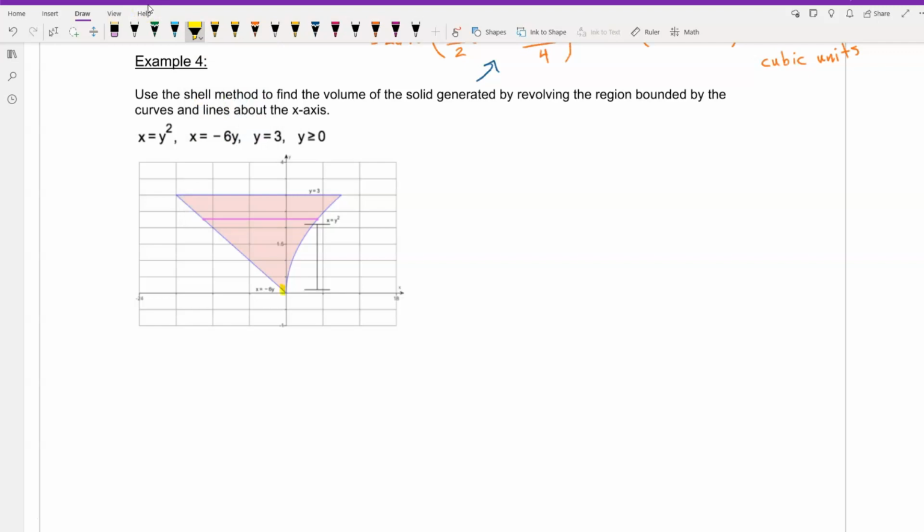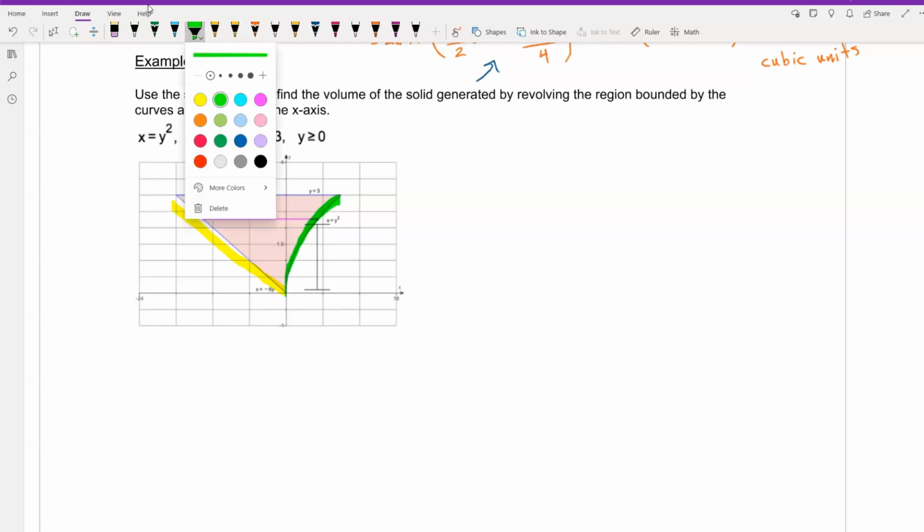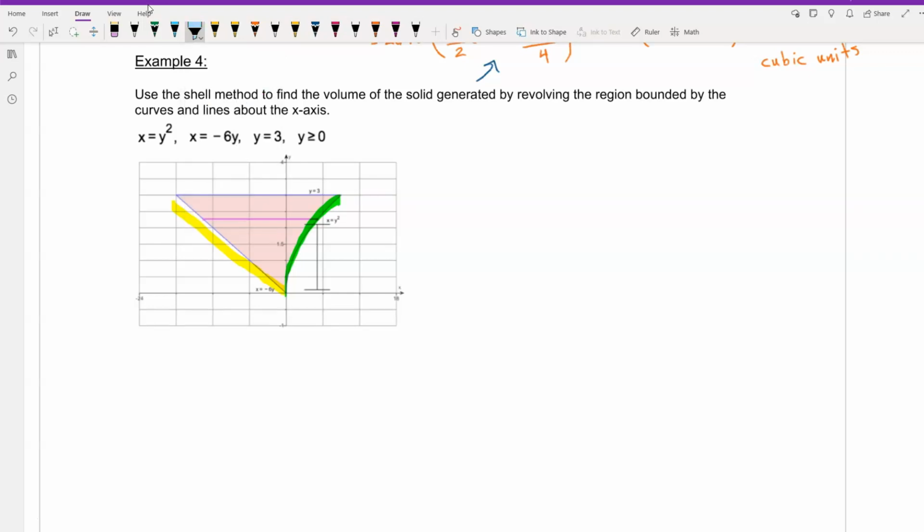This line here is for x equal to negative 6y. This one here is x equal to y squared. And finally what we have here is y equal to 3.